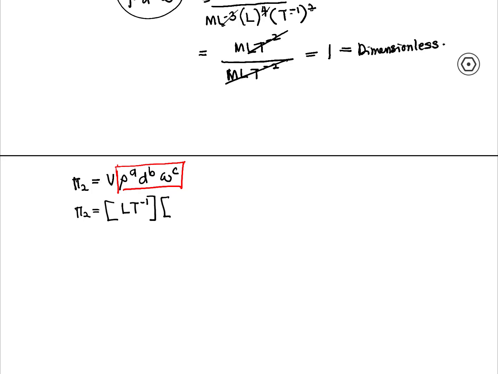And then M L minus 3 to the power of a, and then diameter is L to the power of b, and then omega is T minus 1 to the power of c, equal to M0 L0 T0.